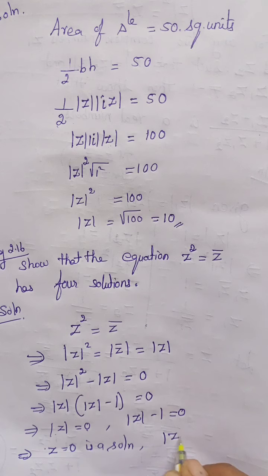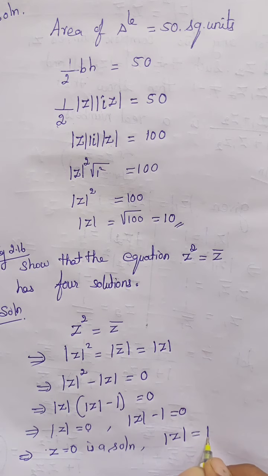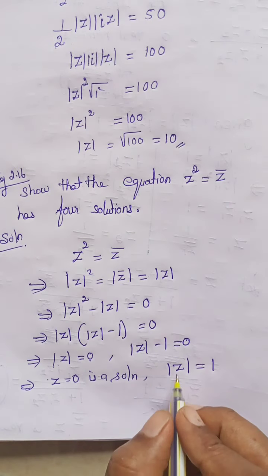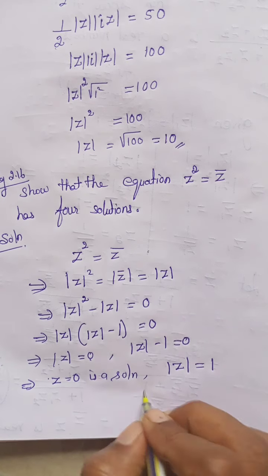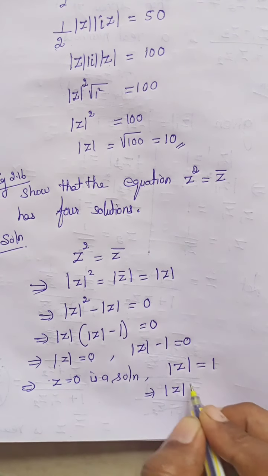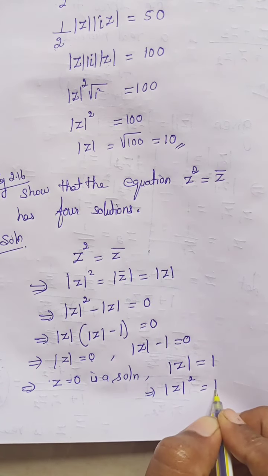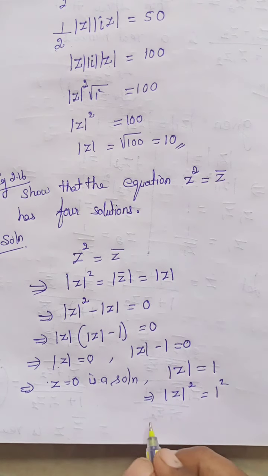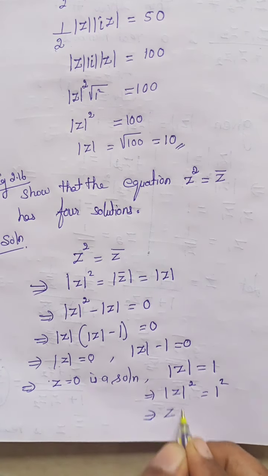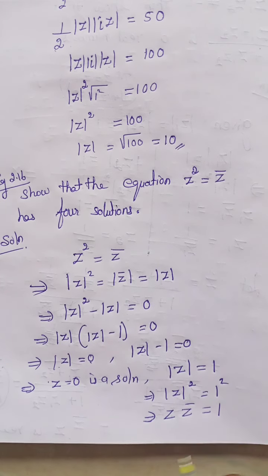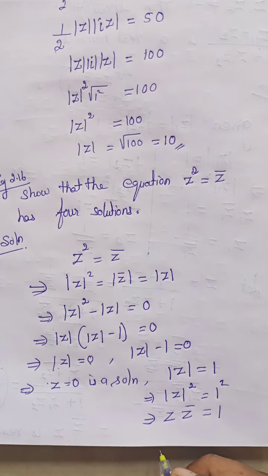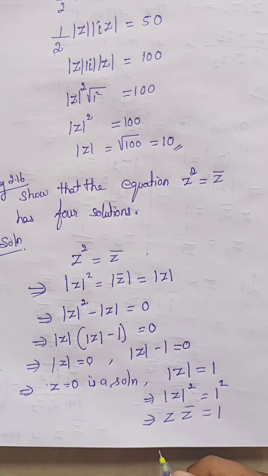From here, modulus Z is equal to 1. From this, modulus Z equal to 1 means modulus Z the whole square equal to 1 square. So this can be written as Z into Z bar is equal to 1. From this, we can find the value of Z bar.